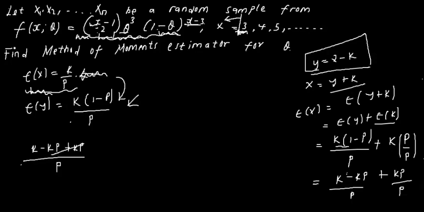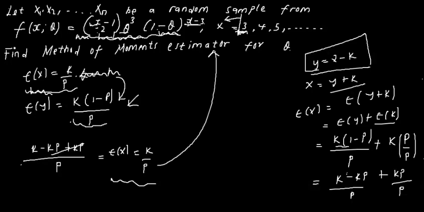Then notice that if we cancel, what we will just remain with is the expected value of x that we have here, which is just k over p. So if we are able to remember this, we can simply solve for the expected value of x and work with that in there.